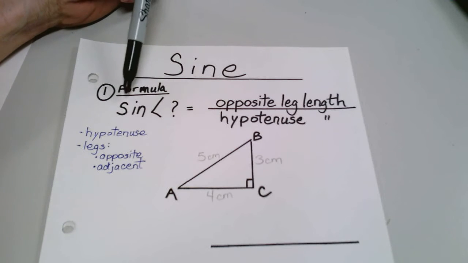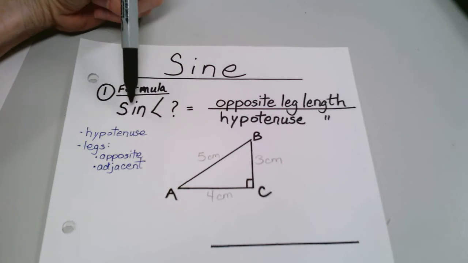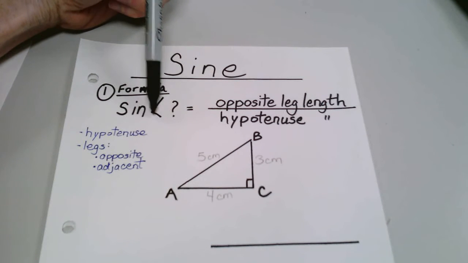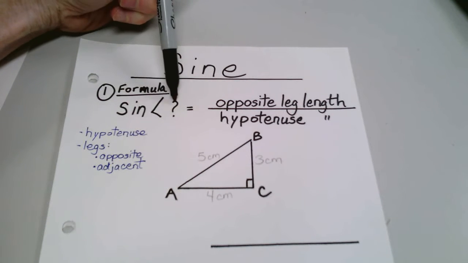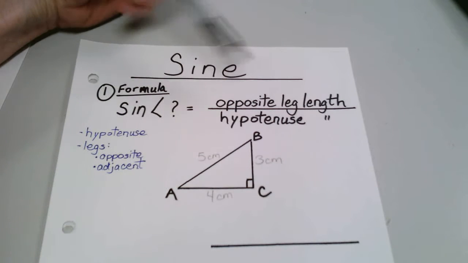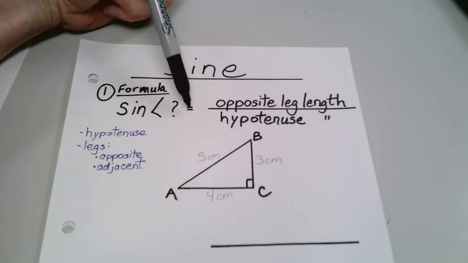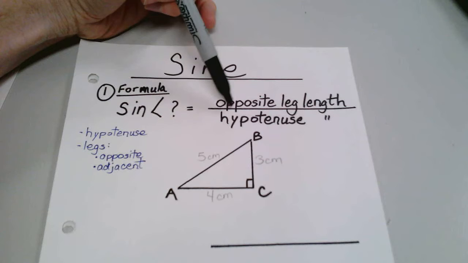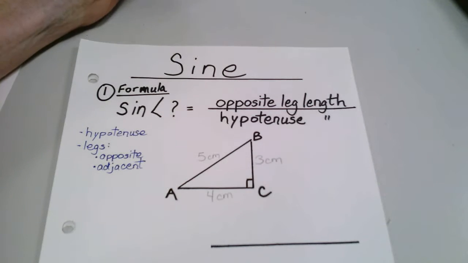And the formula is right here. The sine, or for short, they say SIN, angle symbol, and then you have to say the letter, whichever one they're talking about, whether it's A or B. You'd put that here. Is equal to the opposite leg length divided by or over the hypotenuse length.